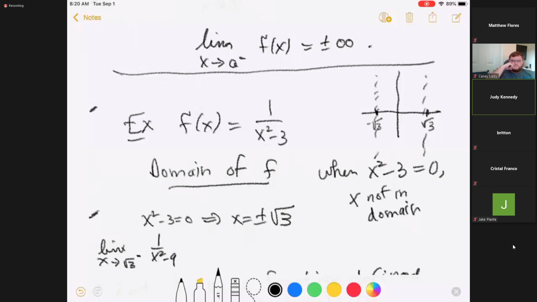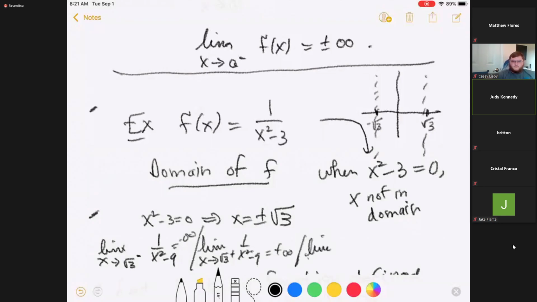So that limit's going to be minus infinity. So it's going to get something like that. And if you come in from the right, x squared minus 9 is going to be a small positive number, which is going to make 1 over x squared minus 9 a large positive number. This is minus infinity. This is plus infinity. And let's go ahead and get the other two.